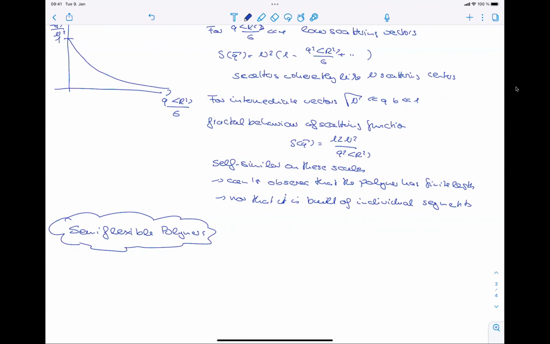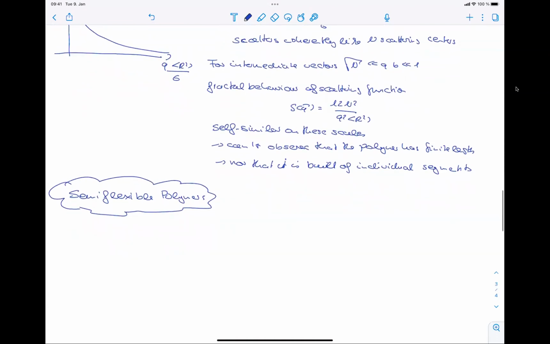So there's something that we cannot resolve. And so that's why we now turn to build better models, namely semi-flexible polymers.